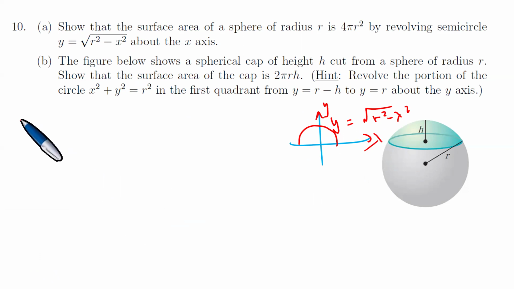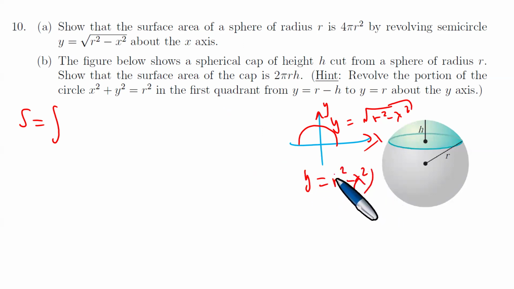So that then in the end, if you want to find the surface area of a sphere, you're going to use the formula again, the integral, because this one is already y equals. So if y is equal to r squared minus x squared, then you raise it to the power 1/2.